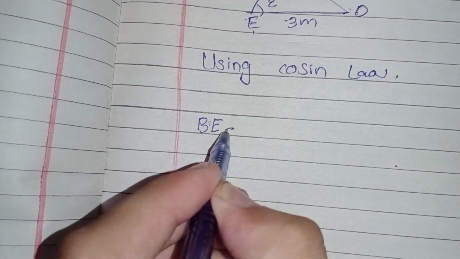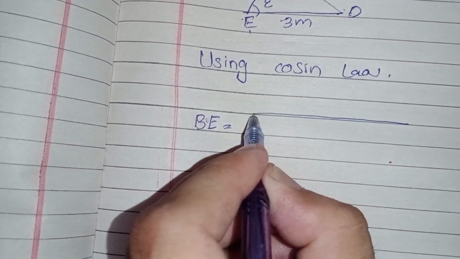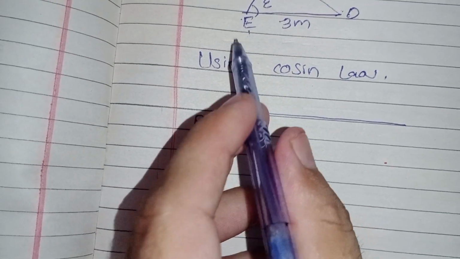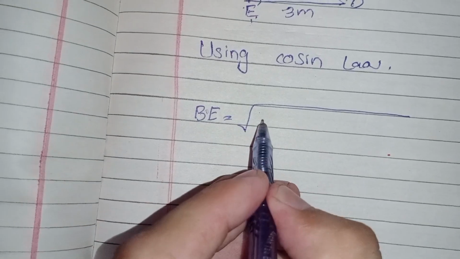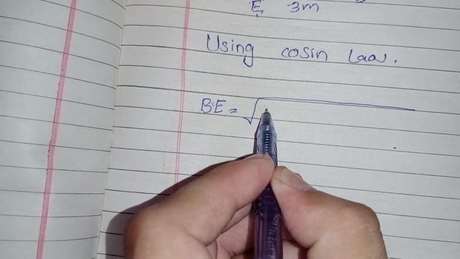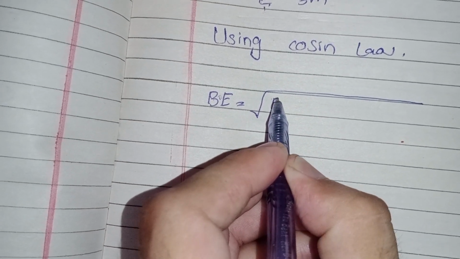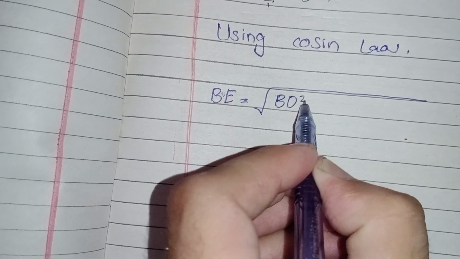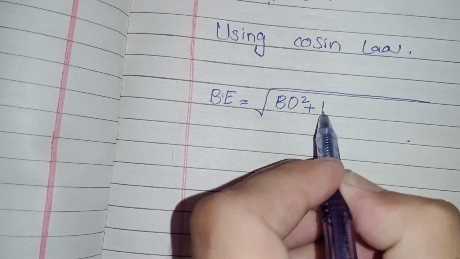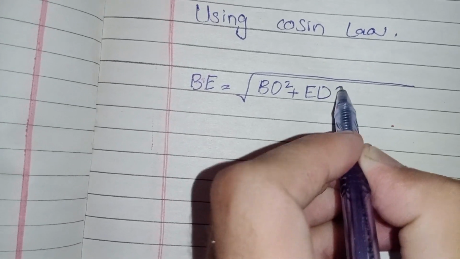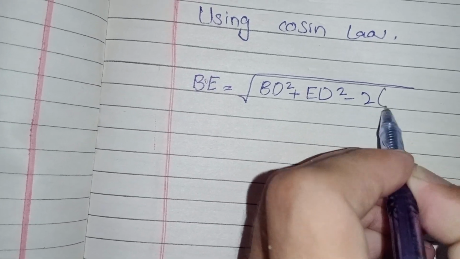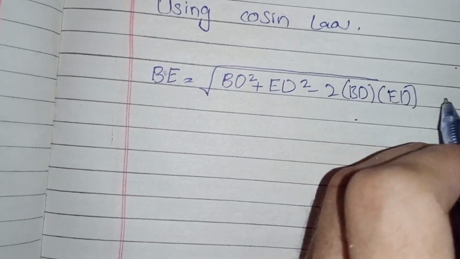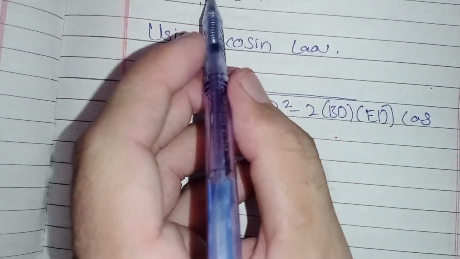BE equal to under root BD square plus ED square minus 2 into BD into ED cos of this angle.